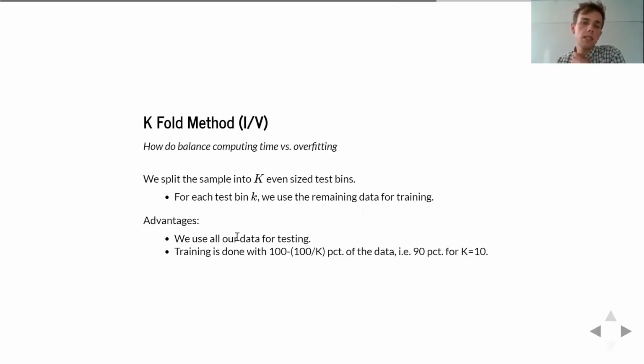So the advantages here are that we use all our development data set for evaluating the performance of a model, and the training is done with 100 minus 100 over k percent of the data. So for instance, if we are conducting 10-fold cross-validation, then we're using 90% of our data for training.